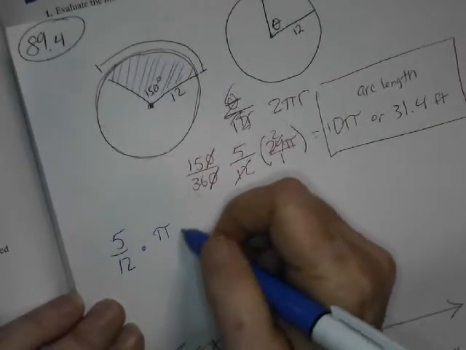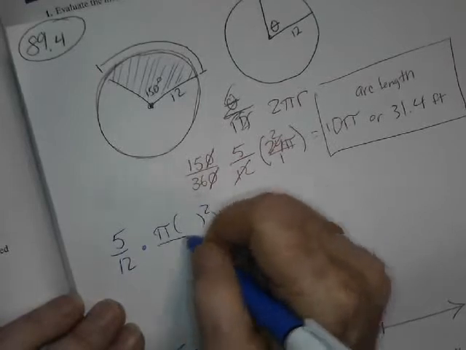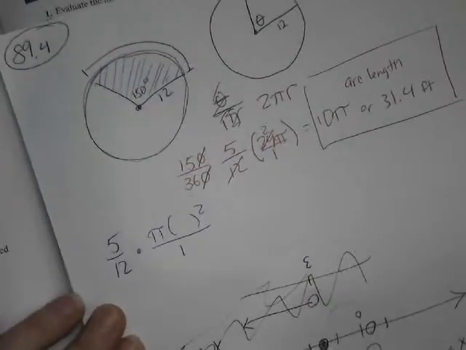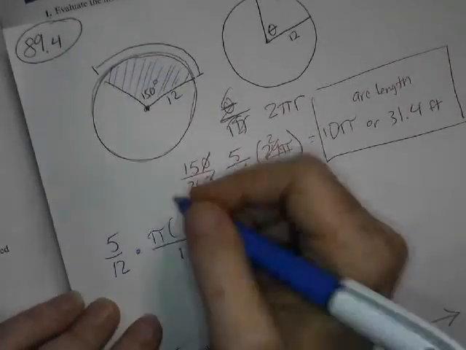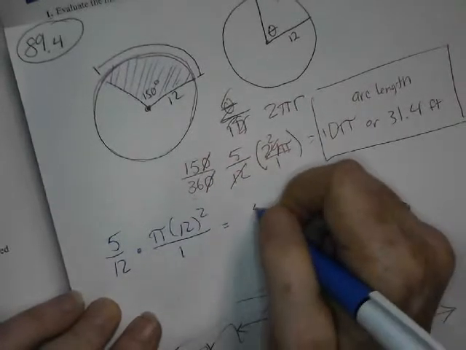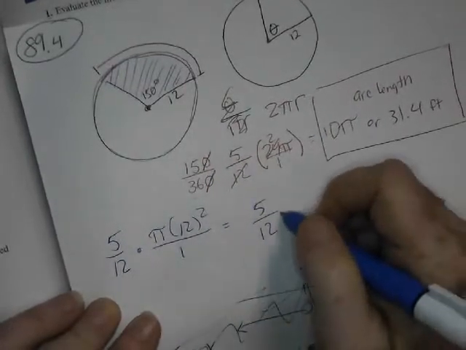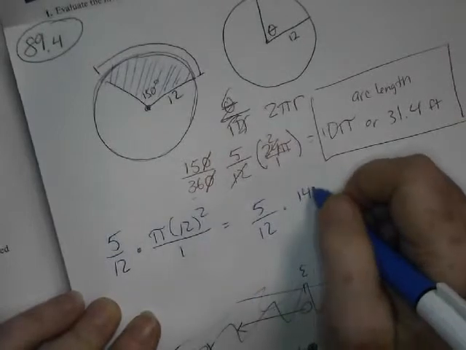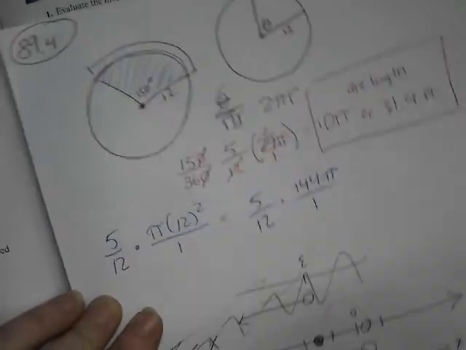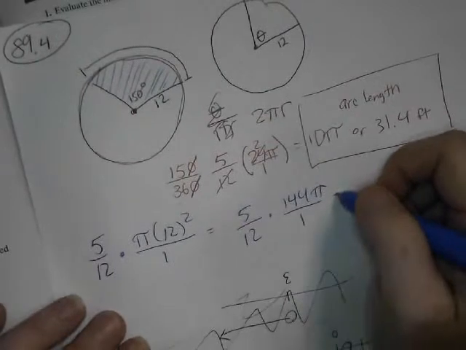Yeah, pi r squared. I'll just do it over 1 since I'm doing fraction math. And r was 12. So now we've got 5/12 times 144 pi.